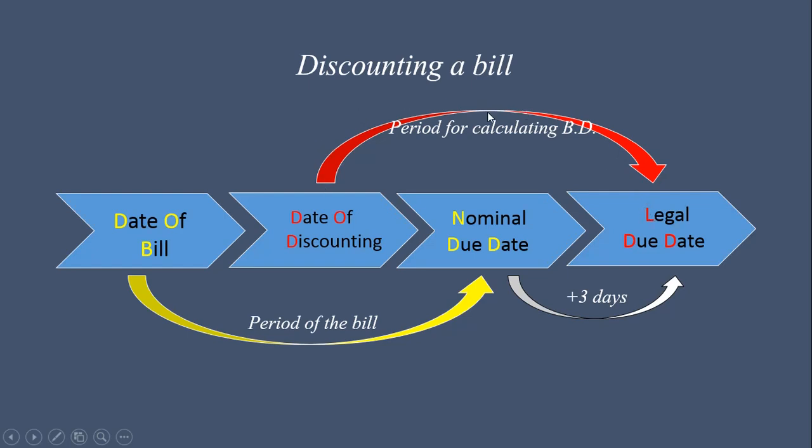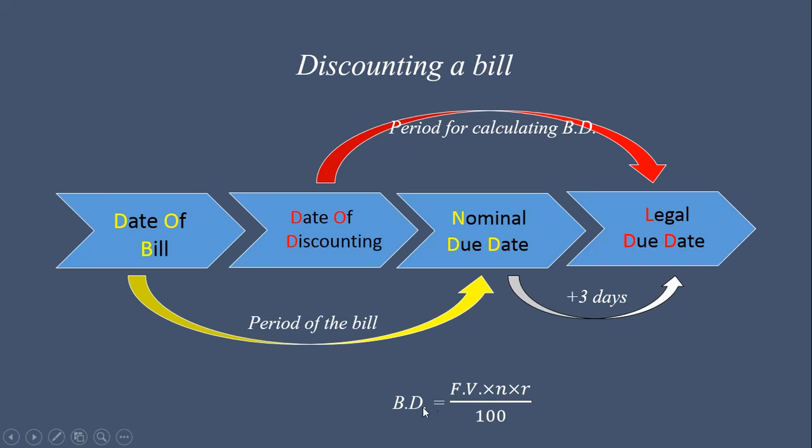We consider this period from date of discounting to legal due date for calculating banker's discount. So banker's discount is calculated on face value of the bill at given interest for the period from date of discounting to legal due date, and subtracting that banker's discount from face value, the drawer will get that amount.